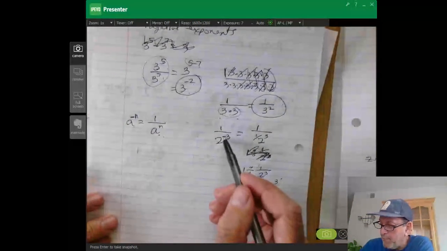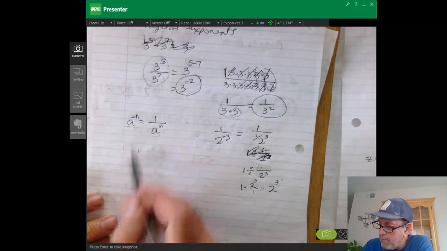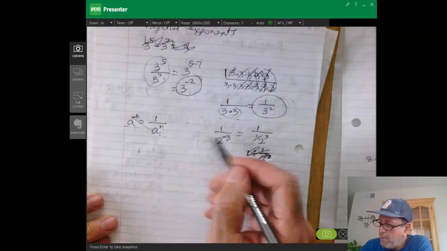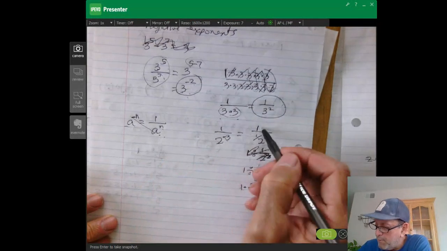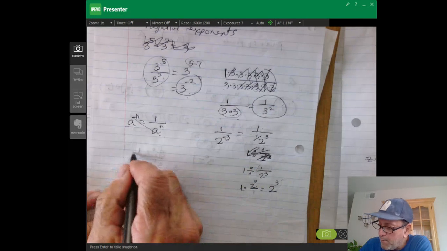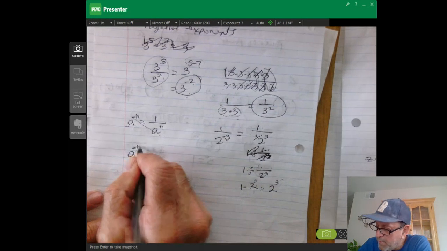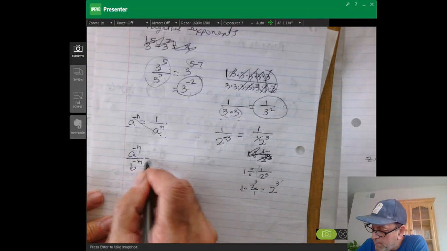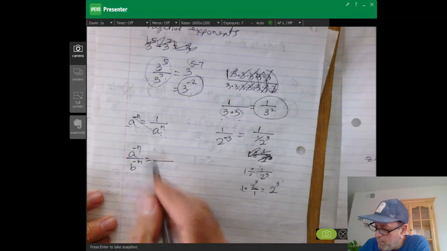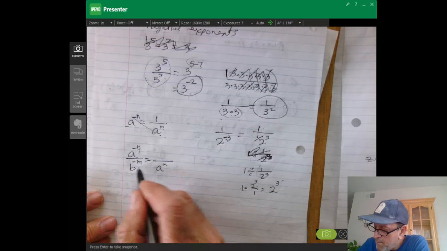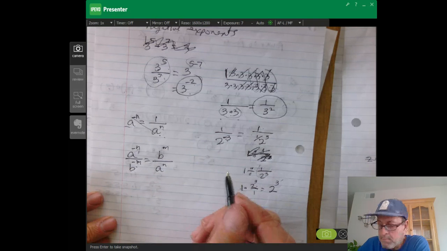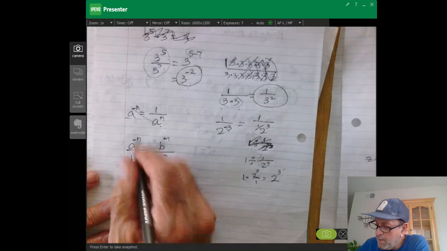So the shortcut way of looking at this is, if it's in the numerator, move it to the denominator, change the sign. If it's in the denominator, move it to the numerator, change the sign. So we have a to the negative n, b to the negative m. This one moves down below. This one moves up, like that.